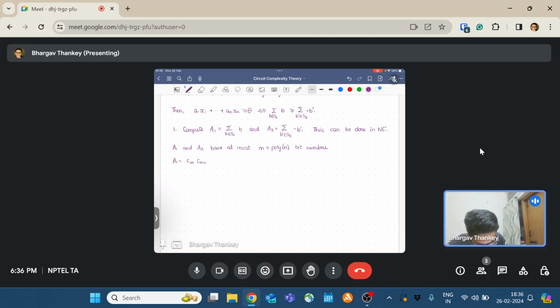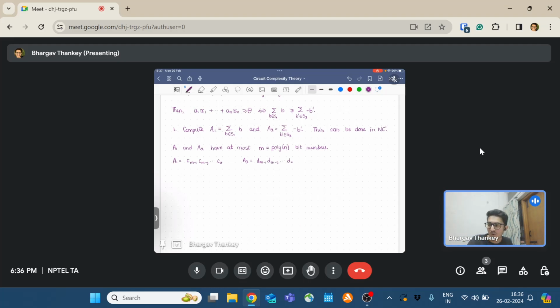is Cm minus 1, it should start with m minus 1, down to C0. And let's say A2 is dm minus 1 down to d0. So these are the binary representations.